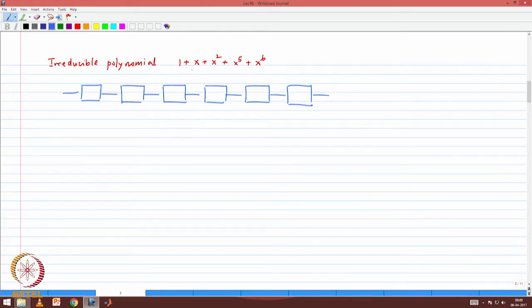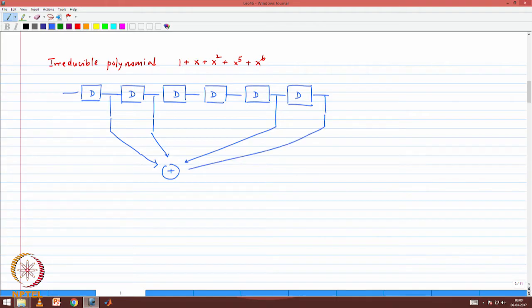So the output of the first delay is taken. These are all modulo 2 additions that you have to do, in the binary representation. The second delay is also taken. I don't need the output of the third and fourth delay, I need the output of the fifth delay and the output of the sixth delay.